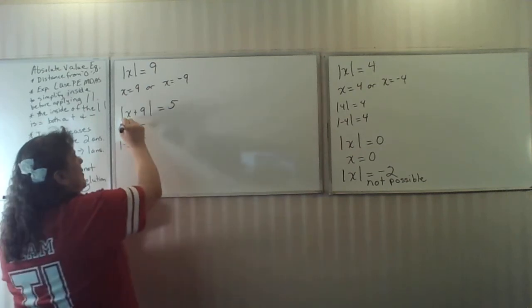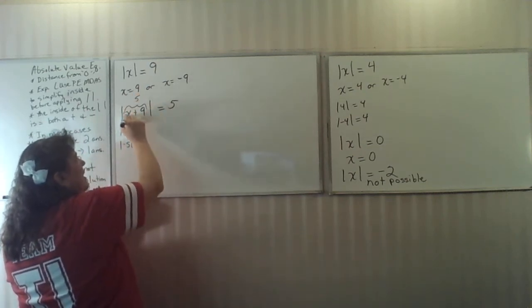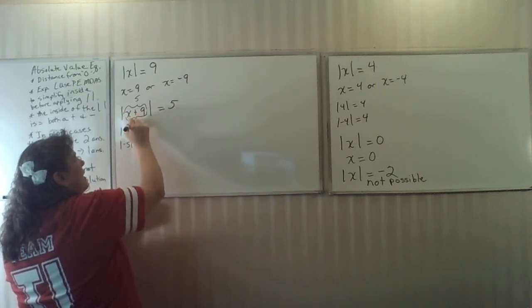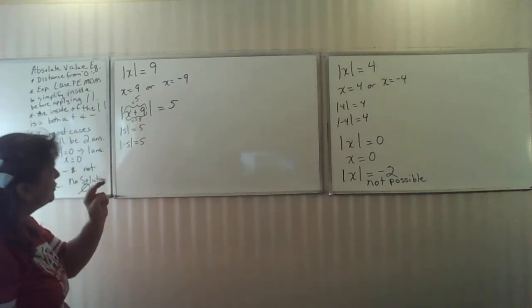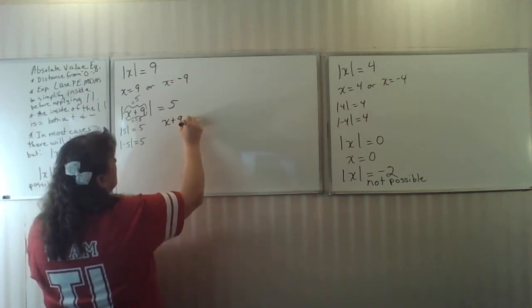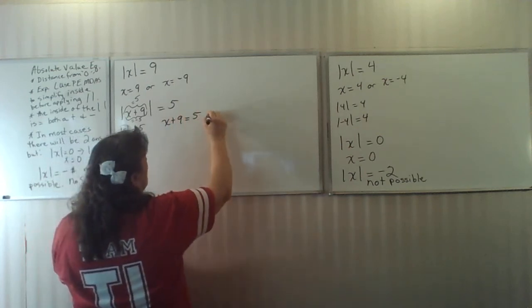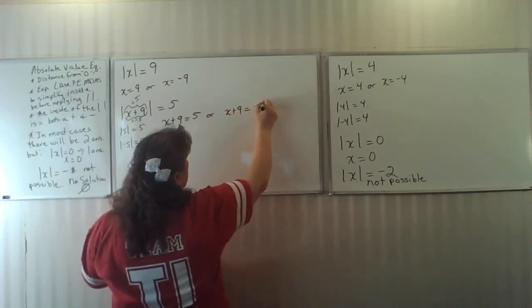So therefore, this expression inside here can either equal a positive 5 or it can equal a negative 5. So we have two equations which gives us two answers. So we have x plus 9 is equal to 5, or x plus 9 is equal to a negative 5.